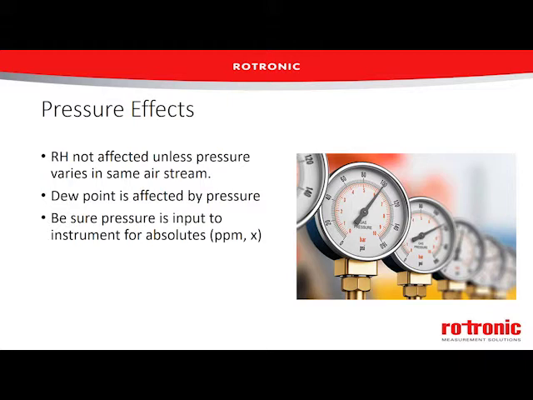But, for example, if you have an airstream and a sensor at one point of that airstream giving you relative humidity, but what you need is to know the relative humidity at a different point in the airstream that maybe has a different pressure, that's when pressure matters, because there are two different pressures but you're only measuring at one point. Just be aware that that could cause high errors.